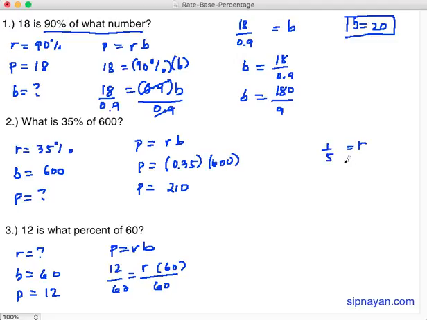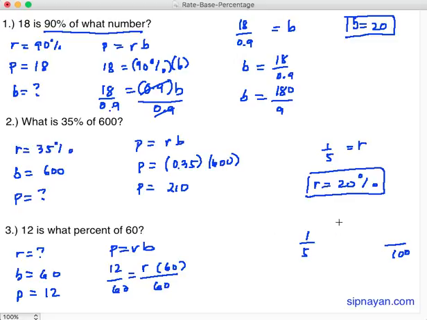So 1/5. And I think obviously ang 1/5 ay 20%. So ang rate natin ay 20%. One way of doing it para mas madali is 1/5. Pag sinabi nating percent, per 100. So paano ang gagawin mo para maging 100 ito, yung sa baba?